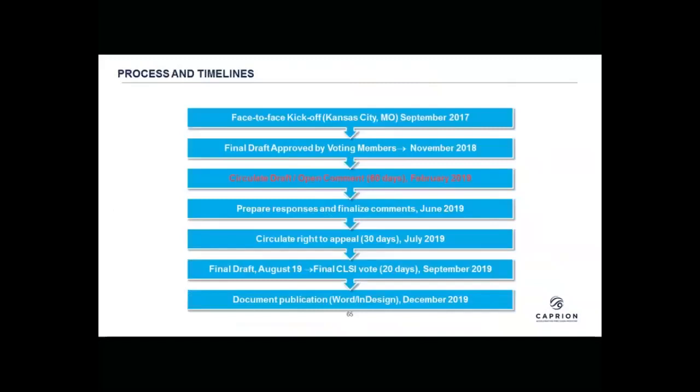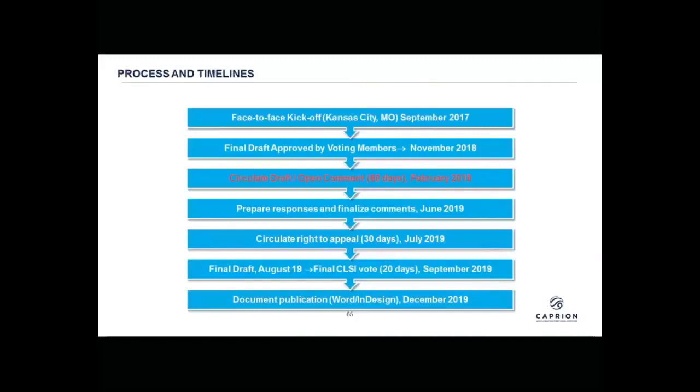So the process and timelines for the guidance document are as follows. At the end of this month, we will submit the document to the CLSI. And then in February, this is the important part, it will be posted on the CLSI website for open comment for 60 days.